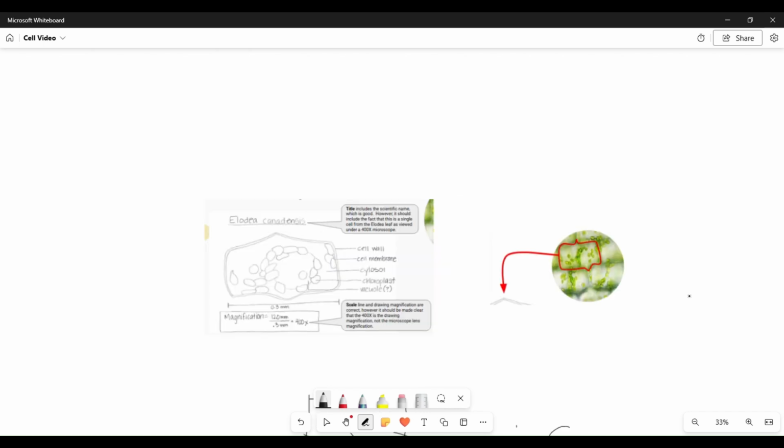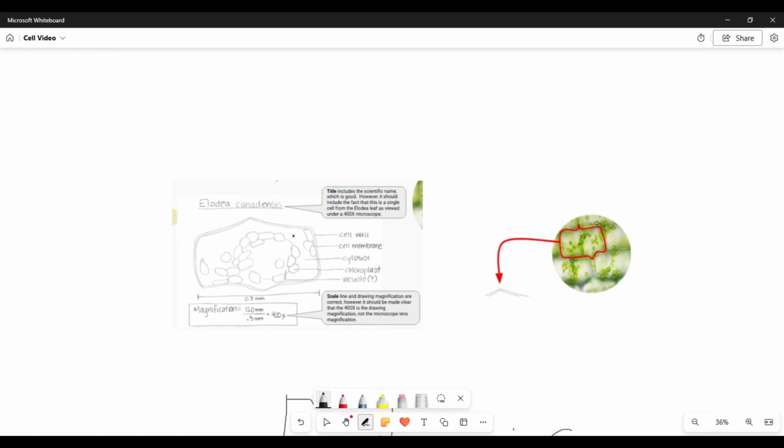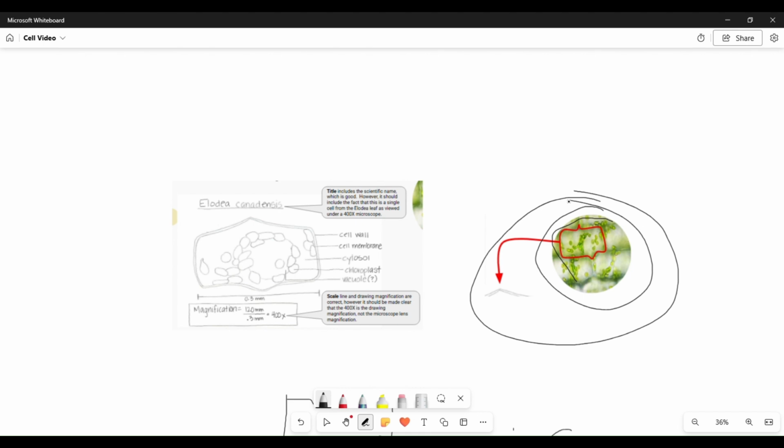Now, this is an example of a drawing of a cell under a microscope, here with the plant cell. Here, the student is drawing a single cell from the results they got from a microscope. And they draw whatever it is they can see, these green chloroplast-looking things. Yep, chloroplasts.